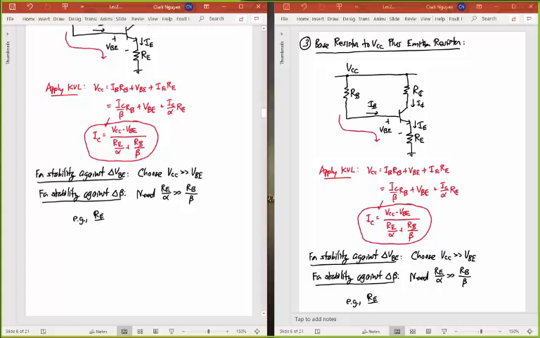If I want RE over alpha to be much greater than RB over beta, then much greater means that I want it greater than or equal to 10 times RB over beta. Okay, that's a good choice. If you choose something like that, then your bias point will be fairly good. Okay? But there's a problem with this circuit still.